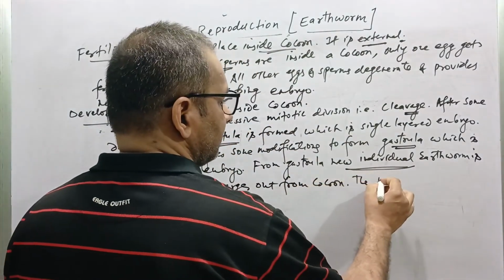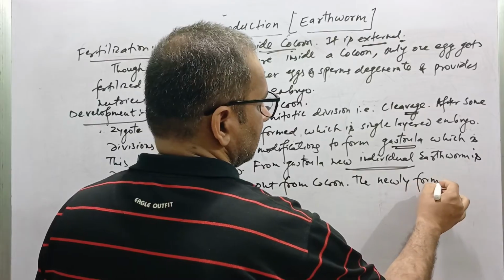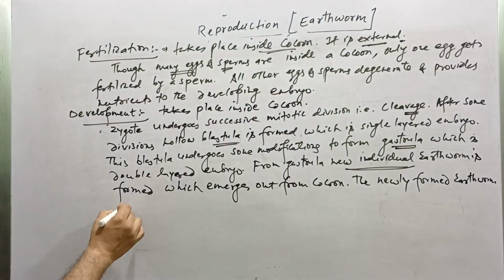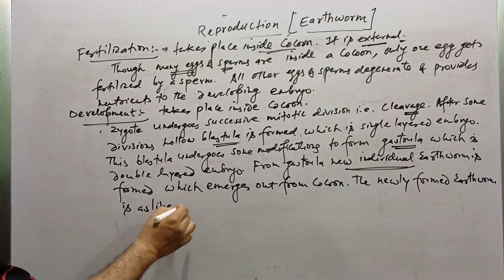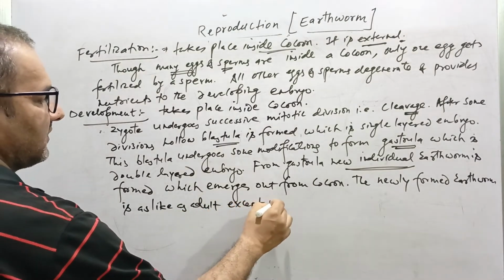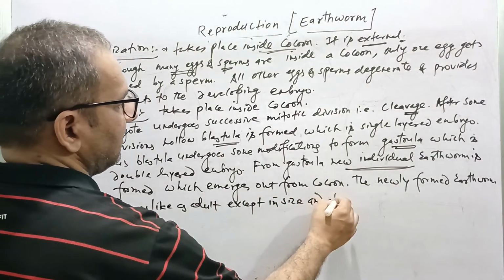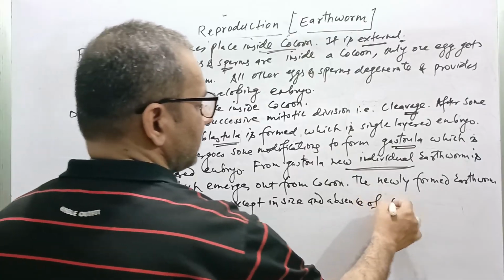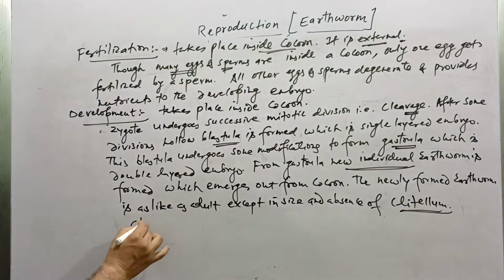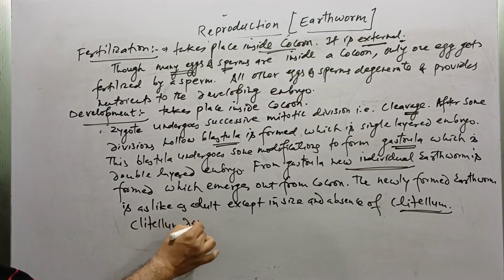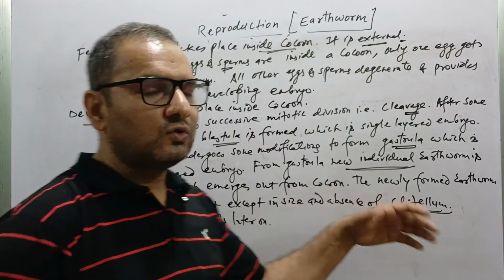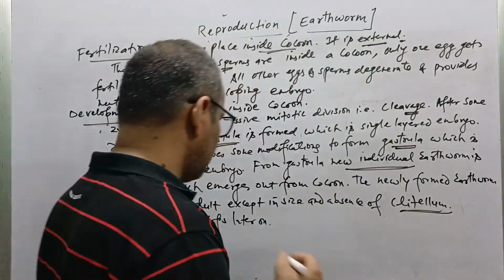The newly formed earthworm is just like the adult except in size and absence of clitellum. This clitellum develops later on.